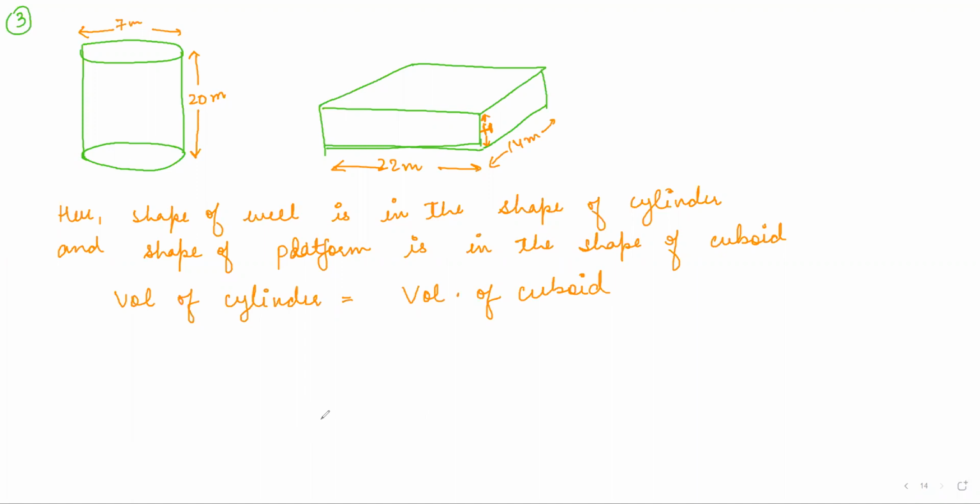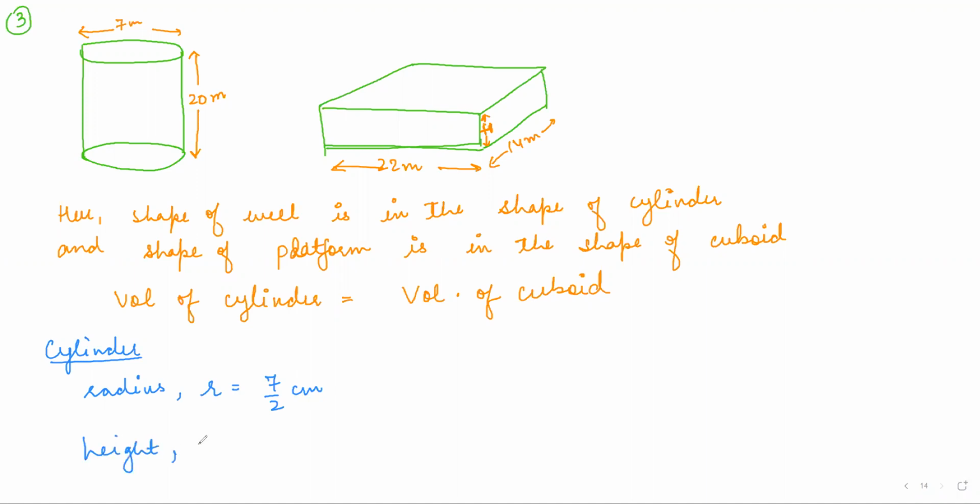Or can I write it directly? What is the formula for volume of cylinder? Pi r square h, right? Yes, ma'am. Okay, do it separately to avoid mistakes. Cylinder. Now radius, which I'm denoting by small r, is 7 divided by 2 meter, right?